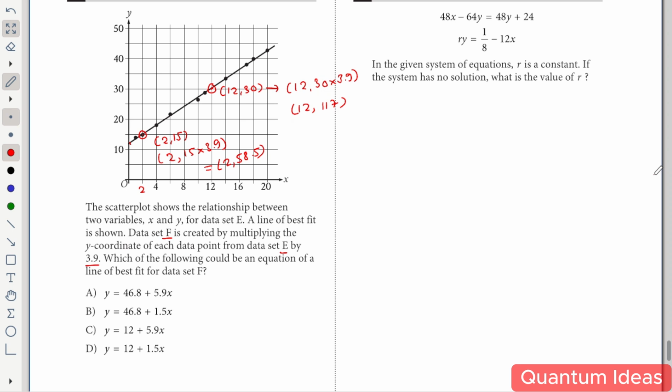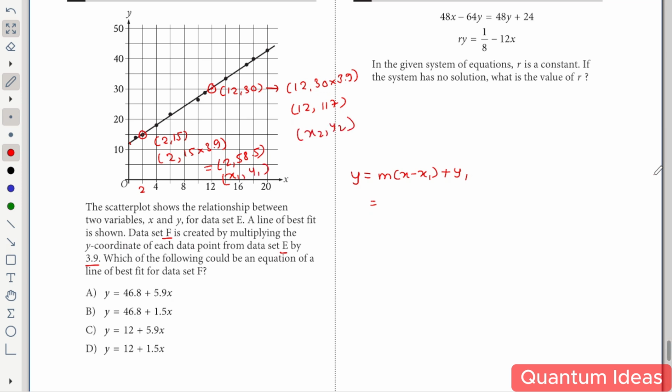Now we can find the equation simply. Y equals m times x minus x1, plus y1. Let's consider this one as x1, y1 and this as x2, y2.